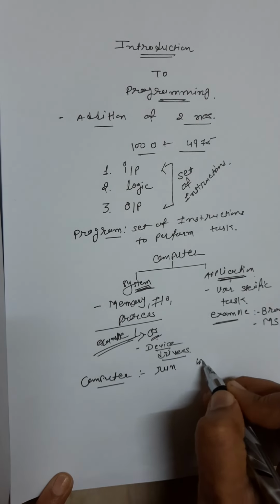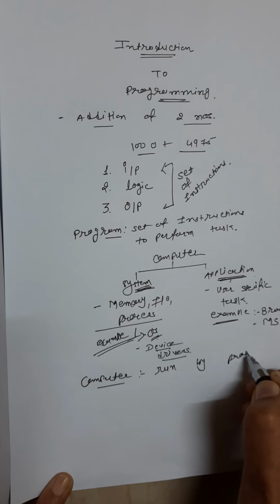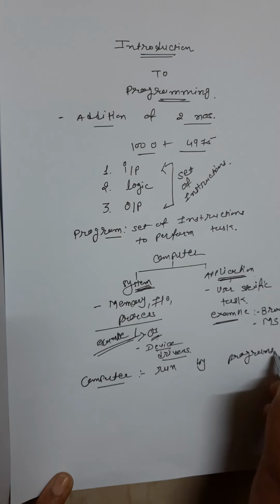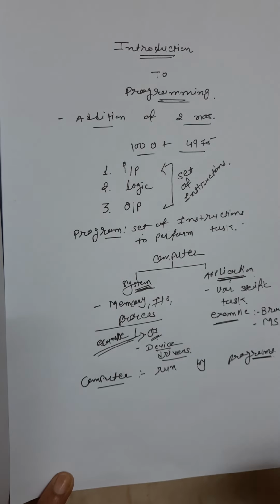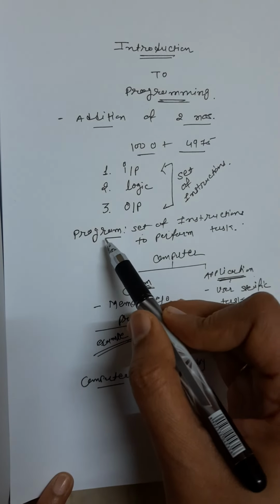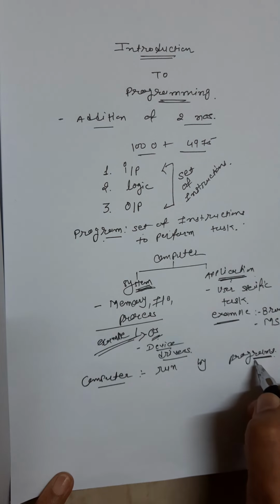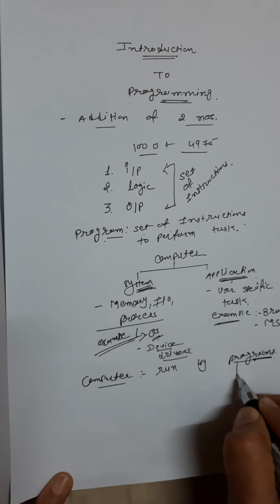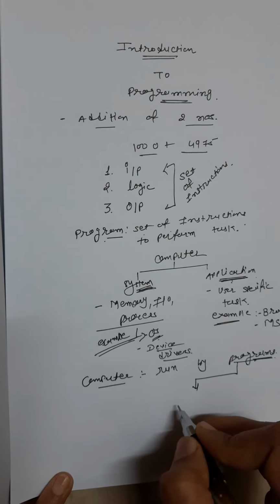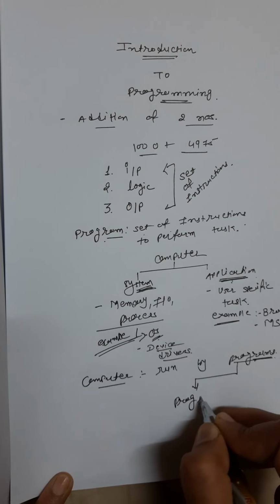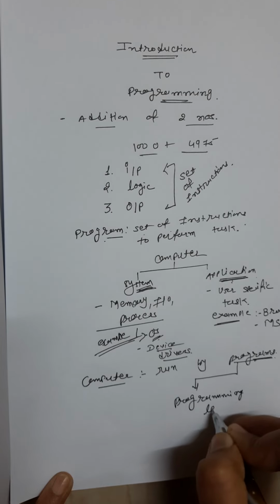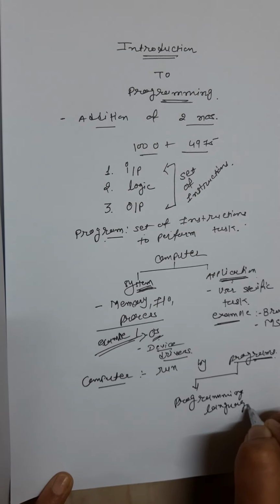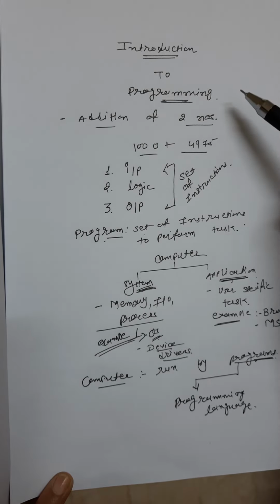It is actually run by programs, and these programs are the set of instructions. And how are these programs written? These programs are actually written in a programming language. Here we are going to study C language, okay?